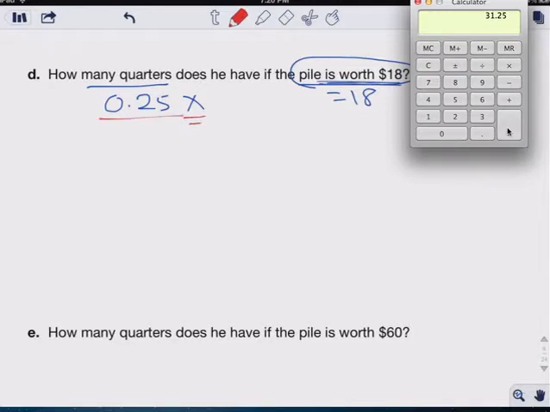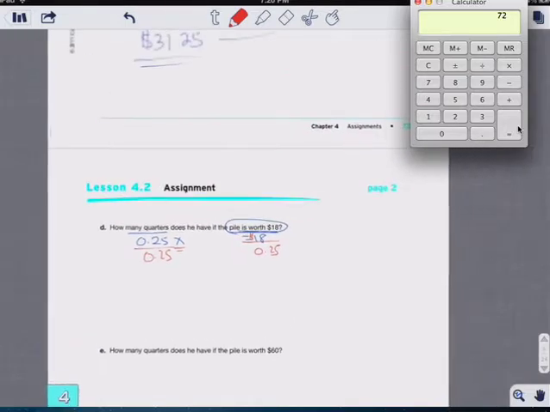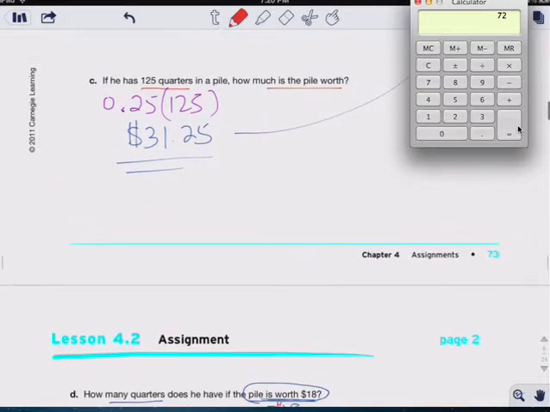So divide by 0.25. 18, remember the top number goes in first, divided by 0.25 equals 72. Oh, 72, no, it's 75. Oh, we should write a complete sentence over here.